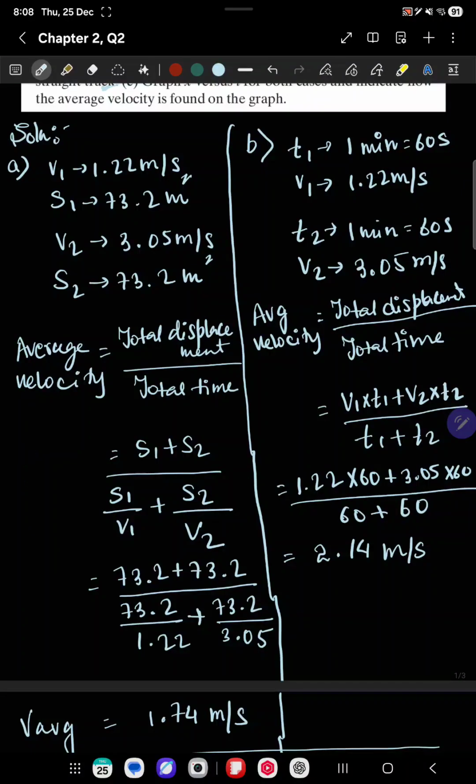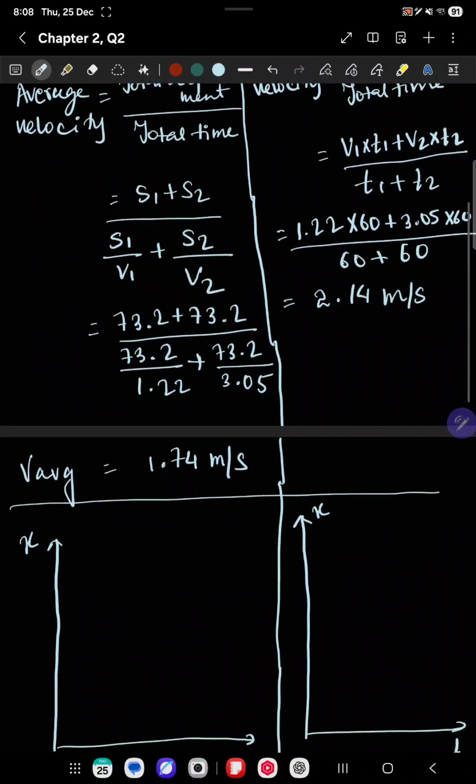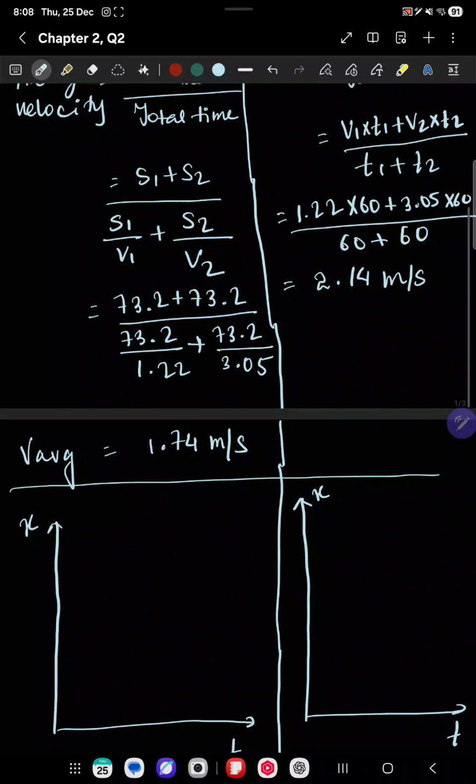Okay, so first we will be marking the distance 73.2. While marking we can write this point as 73.2, and we can again plot this point as 146.2.